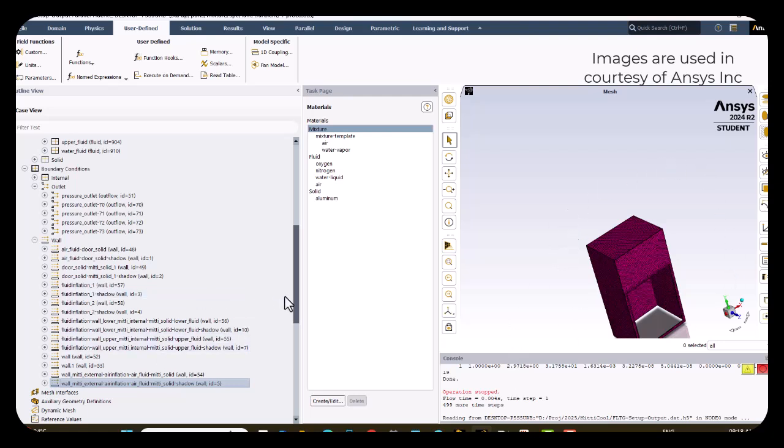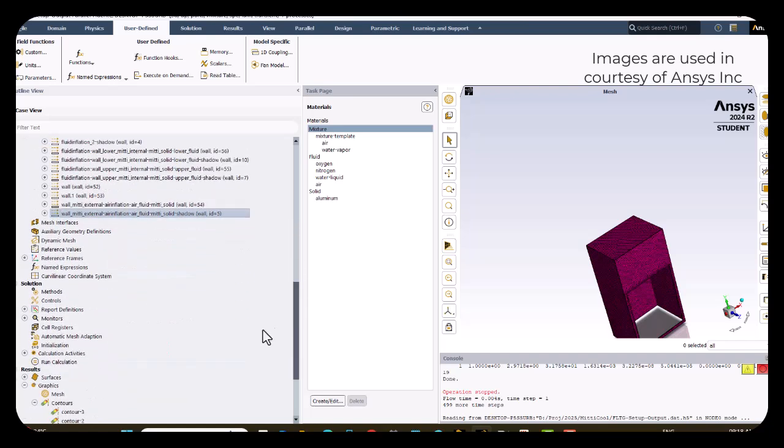For all the enclosure walls I have given the outflow. So any water vapor going out will happen through the outflow, right? And if you insert some velocity to this, obviously the velocity from one side would increase the heat transfer coefficient, in turn the mass transfer coefficient, and in turn there will be more water vapor added and more cooling effect you can see.